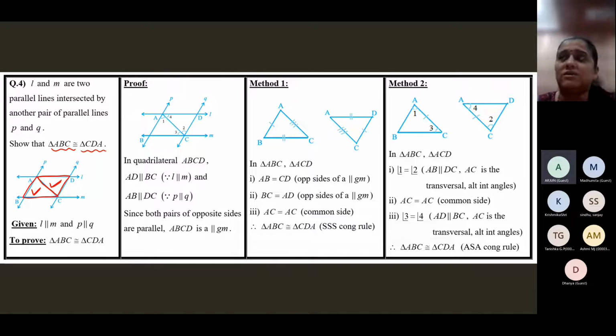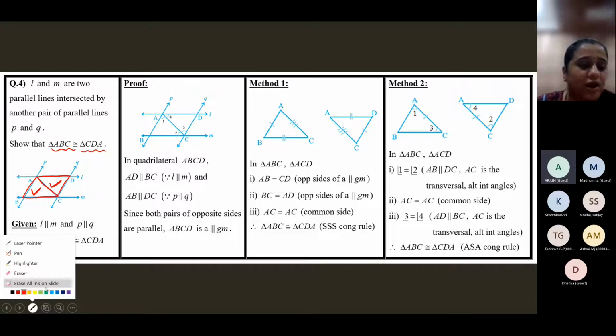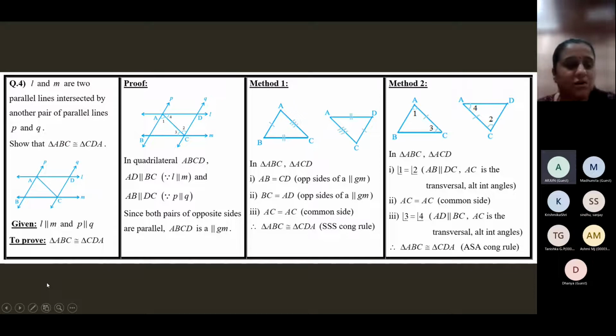You cannot, by doing it practically, meaning having the pictures of the triangle in your hand, place it one on the other and say that they are congruent. All right. So without the actual pictures with you, from the information given, you'll have to show that they are congruent or identical. All right.